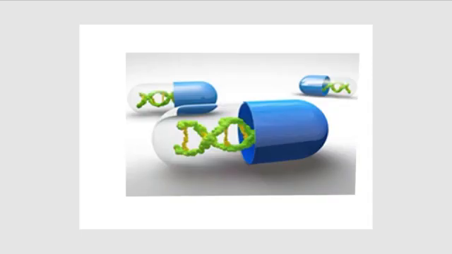Gene therapy is carried out by placing the therapeutic gene which can perform the function of a missing gene or suppress the expression of other genes responsible for the disease conditions. The therapeutic gene is the stretch of the DNA used to treat the disease.